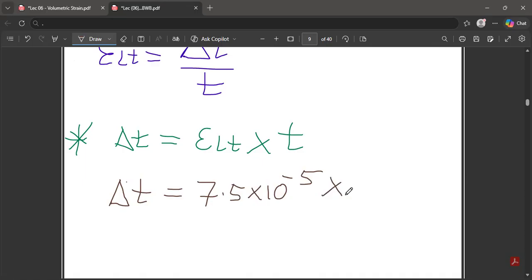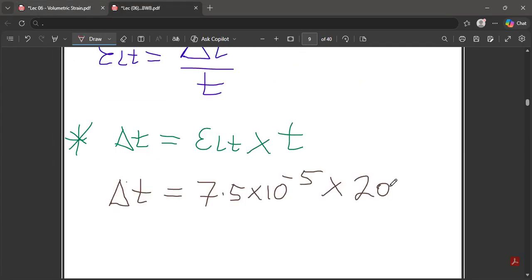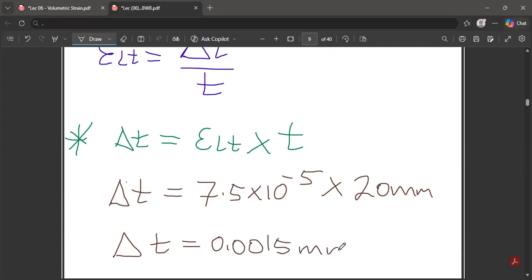And for the thickness, we know that the thickness that was given to us in the question was 20. So when we put a 20 over here, this is 20 millimeters. Quickly, let's punch this together. So finally, our change in thickness of the bar is going to be equal to 0.0015 millimeters. Okay, so this is the answer.